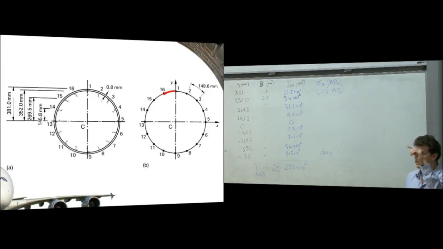Admittedly, we only have the stress at a few discrete locations. We don't have a formula that tells us the stress anywhere, but we can interpolate later on if we need to. If we want to know the stress somewhere in between 15 and 16, say, we can interpolate.